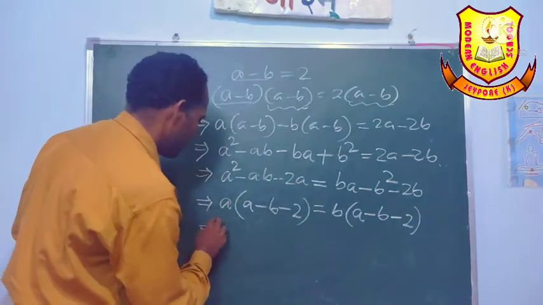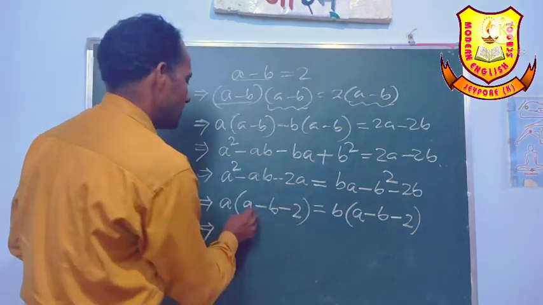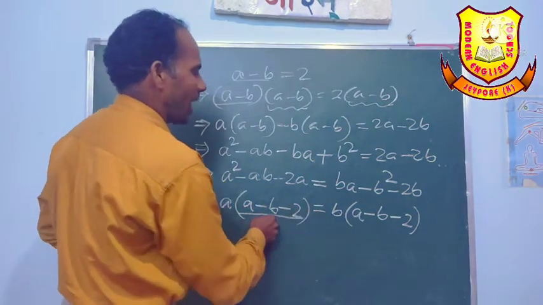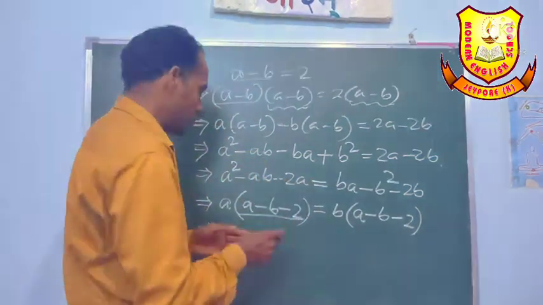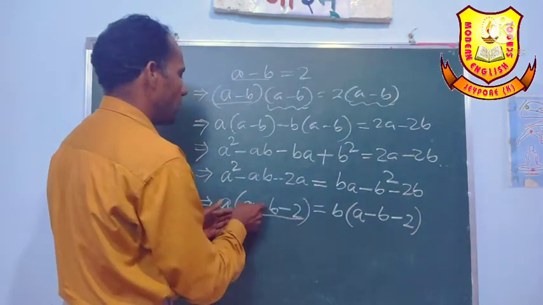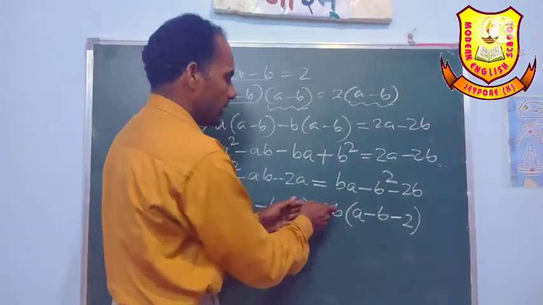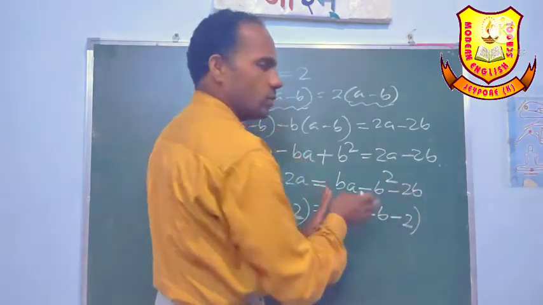Now the next step: I will take this (a minus b minus 2) to the other side according to transpose. Both sides are multiplied: a into (a minus b minus 2) equals b into (a minus b minus 2).